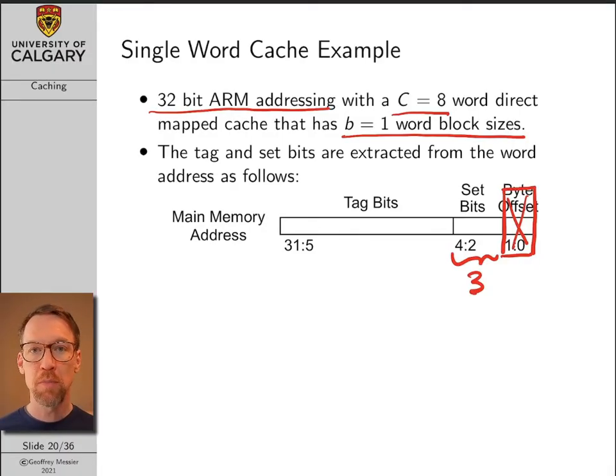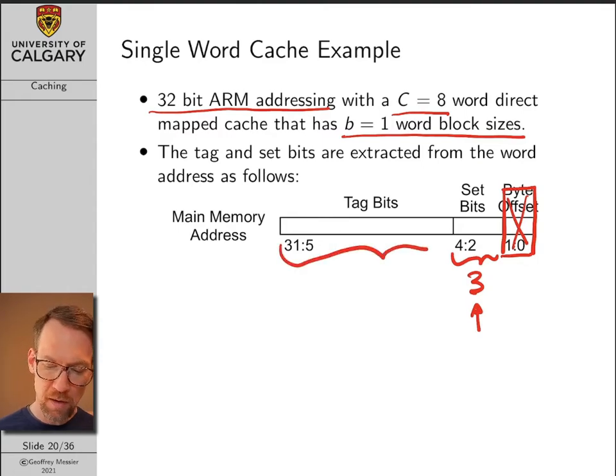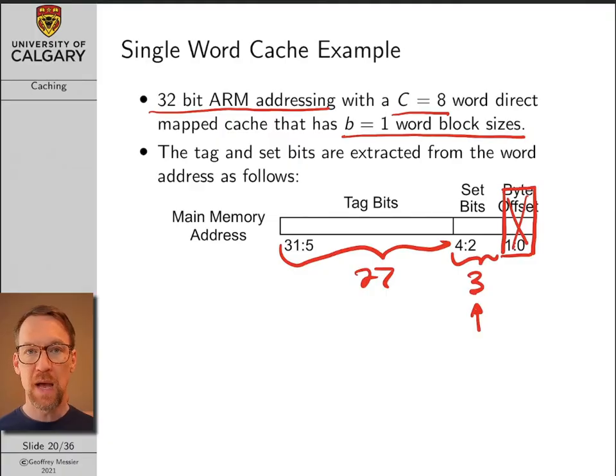And so in our previous example, when we were mapping words into sets, and we were in the first set, second set, third set, and then we wrapped around, that's basically what we use these 3 bits for. And then essentially what we use the remaining 27 bits for is these are our tag bits.